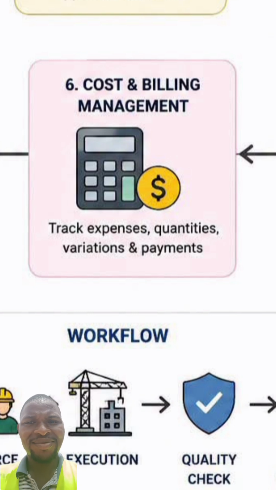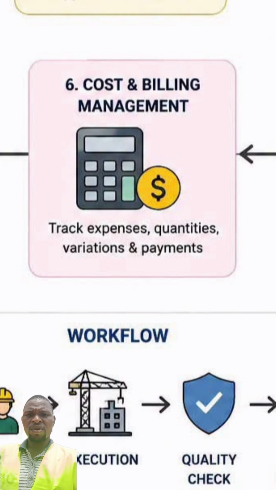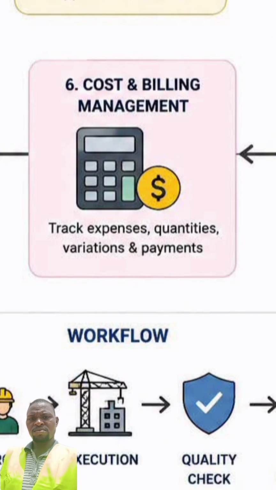Then the quantity too is very important, because you need to actually check the quantity, because sometimes they may tell you it is 6 bags and they might end up buying just 30 bags. So ensure that these quantities are up to what they said they are buying, right? And also know the variation, understand how the variation works and the payment, understand what you are paying for. You understand?